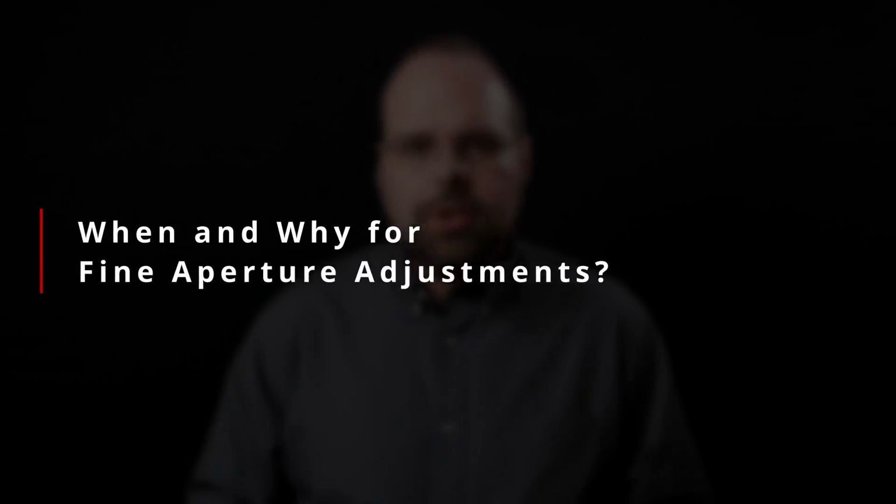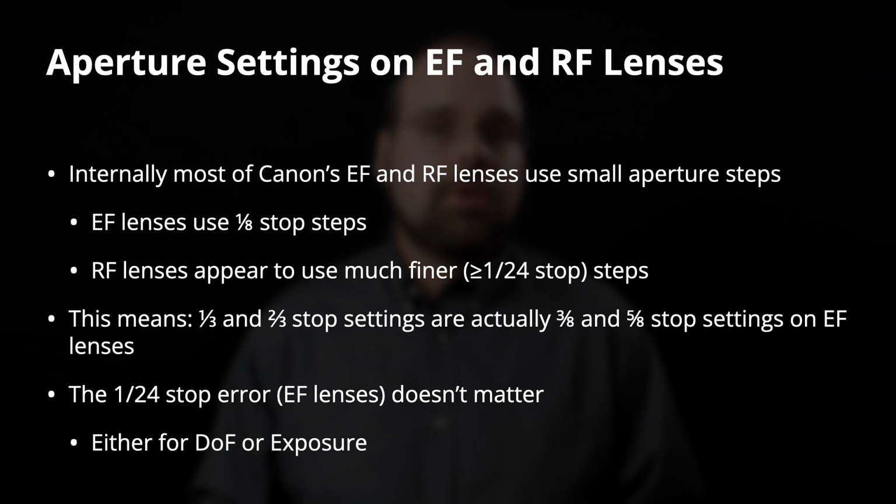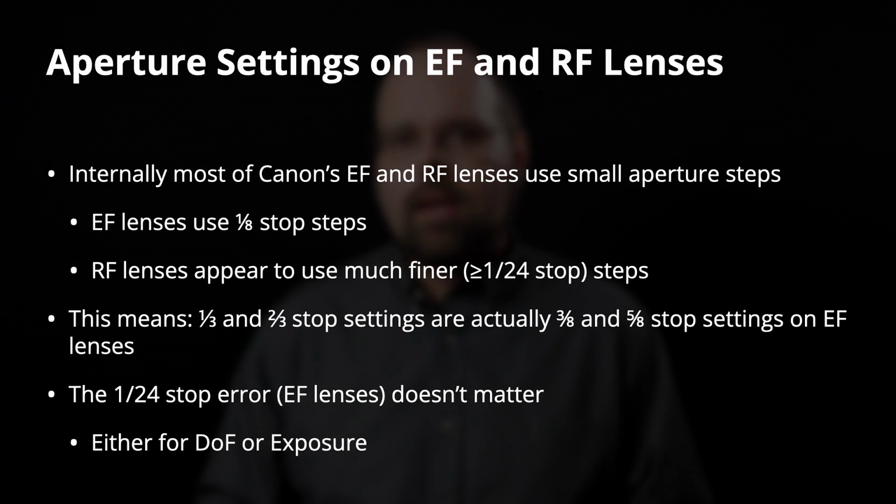So to start with, why a fine aperture adjustment and what is it good for? The short of this is it appears that Canon has just provided this because the lenses are capable of doing that. Now, what do I mean by that? Well, internally, Canon's EF and RF lenses do not actually stop down in the same aperture steps that your camera displays and works at.